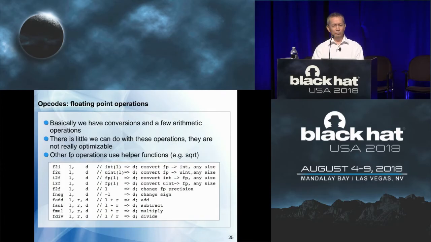Initially, we had no floating point operations, but since our goal is to be able to represent real-world programs, we had to add the necessary stuff. As it turned out, it's not that big. You see, we just need a few conversion instructions and a few arithmetic operations.